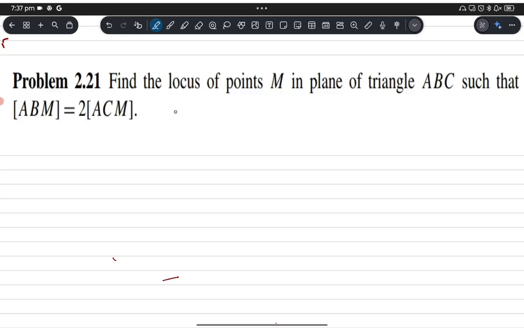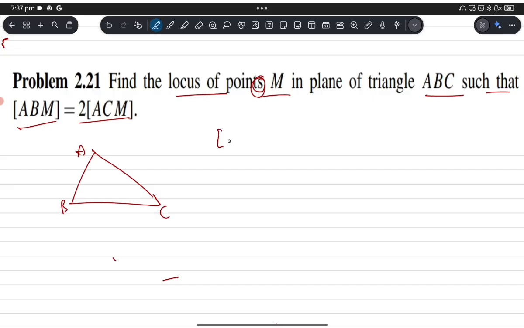Based on lemma 1, we're supposed to find the locus of points M in the plane of triangle ABC such that area ABM equals 2 times area ACM. So we have a triangle ABC. The geometrical condition here is ABM equals 2 ACM, right?